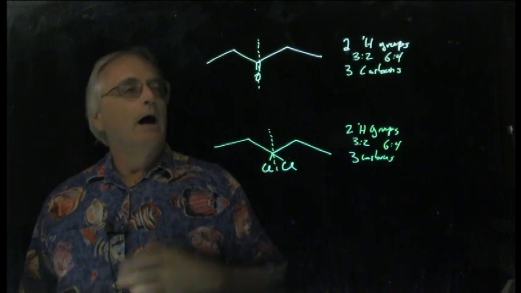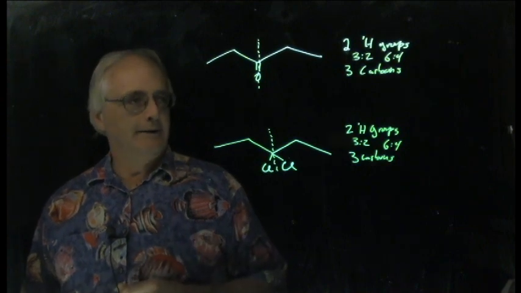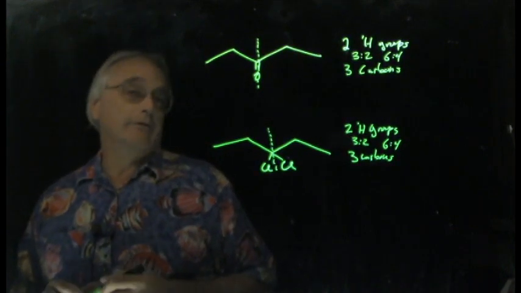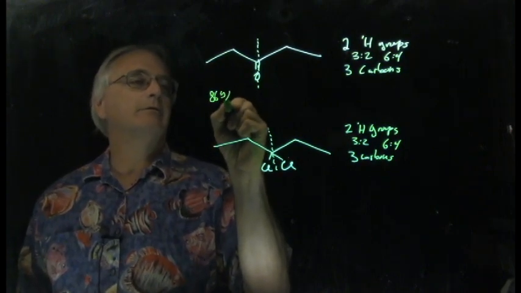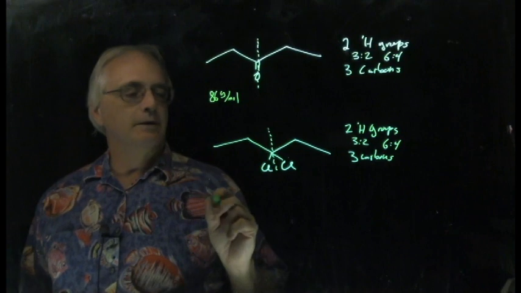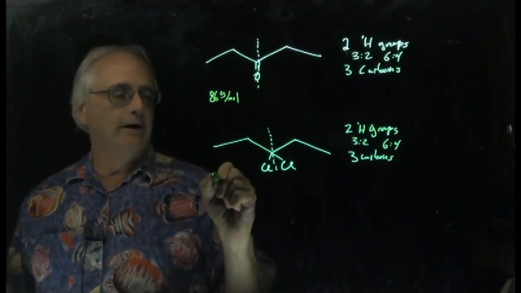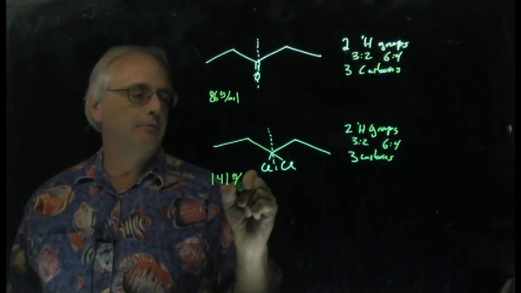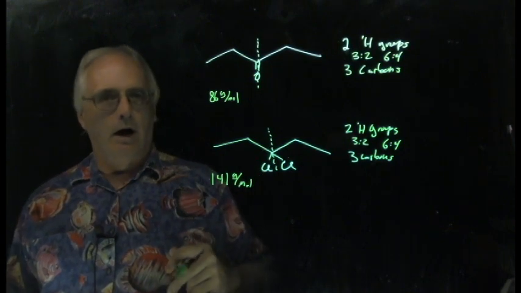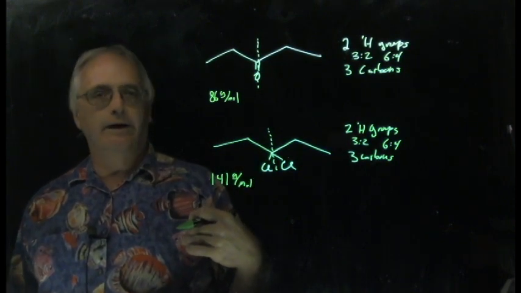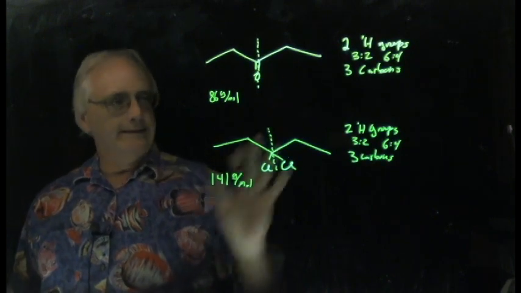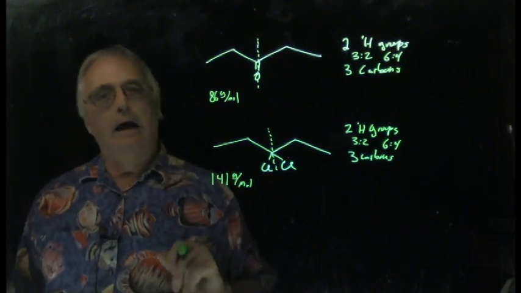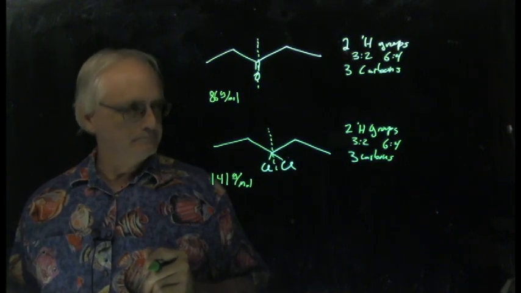A couple of ideas come to mind. The mass spectra result, the molecular weight. This molecule has a molecular weight of 86 grams per mole, where this molecule has a molecular weight of 141 grams per mole. And so a molecular weight determination, perhaps a mass spectrum, would get us this information and allow us to tell the difference between the two.